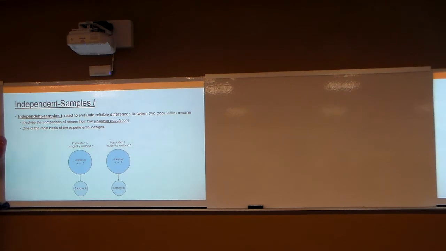But if they are much, much different, then we would start to say that the data are giving us some evidence that it's likely that the population values from which these two samples were pulled are not equal to one another, right? So this is our basic independent sample t-test. Questions on independent sample t-test? This is all coming back to people.